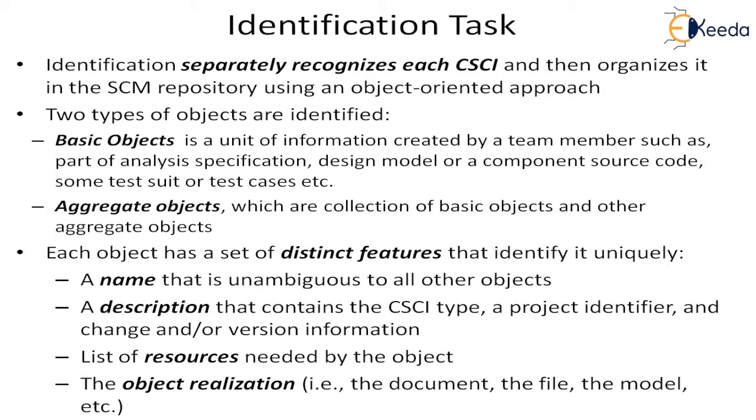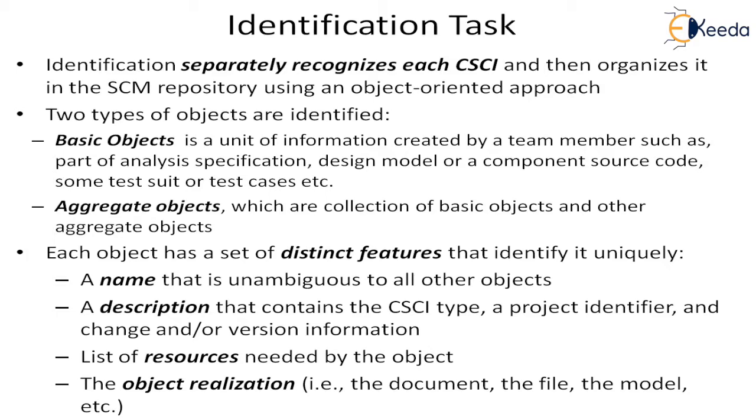A basic object is a unit of information which is created by a team member, because every team member will not do the whole analysis. So it will be a part of the analysis specification. It will be a single design model, or maybe a part of a model, or a component, one source code of one component, some of the test suite, some of the test cases.